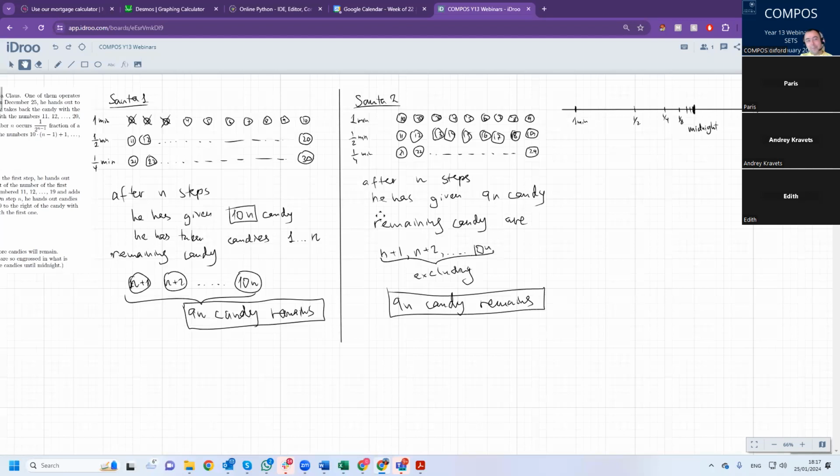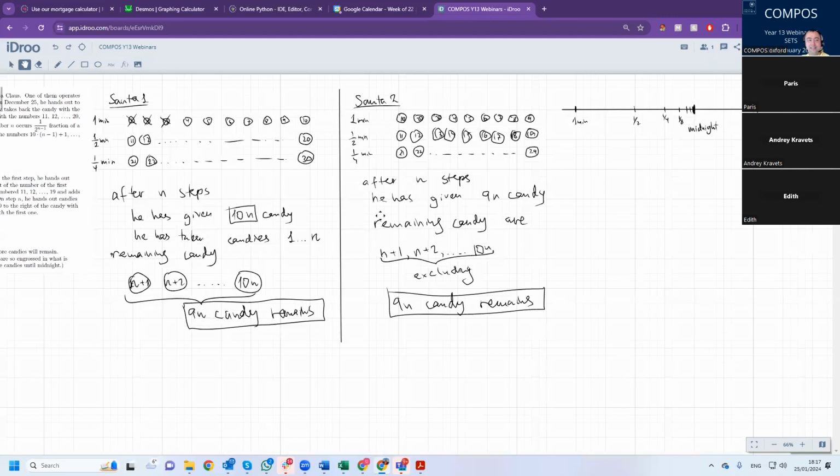Gets taken away. What happens to candy number 1200? Santa takes it away. And you can pinpoint the exact time when Santa is going to take it away.